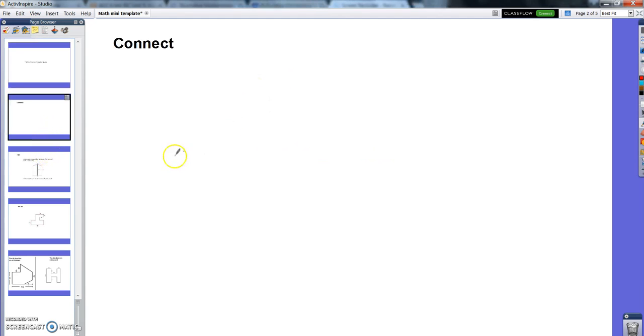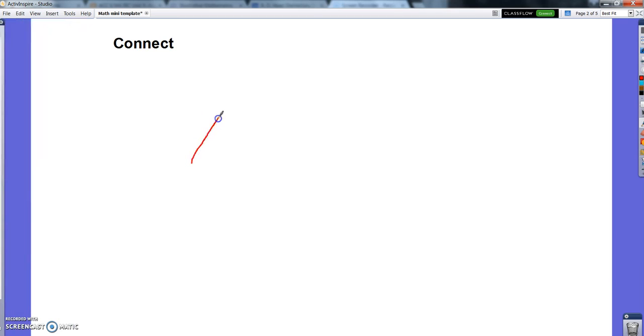Alright, so let me give you a little reminder. Yesterday we talked about trapezoids, right? And we did some trapezoid volume. And for trapezoids there was no formula.